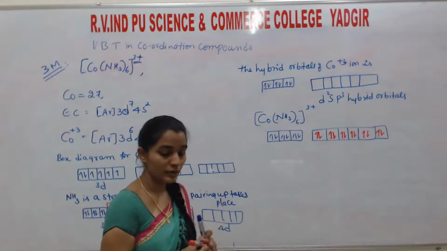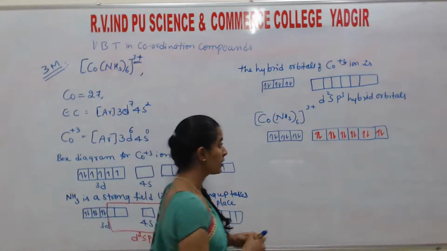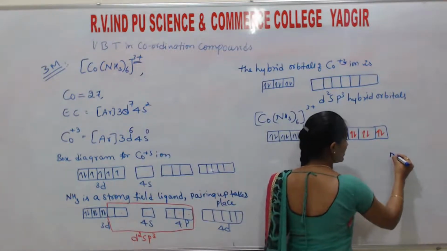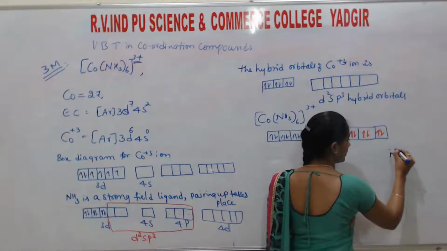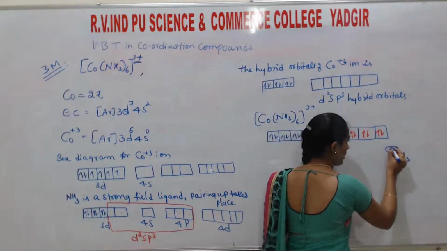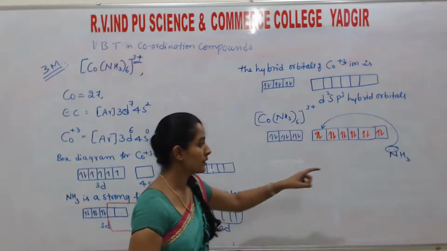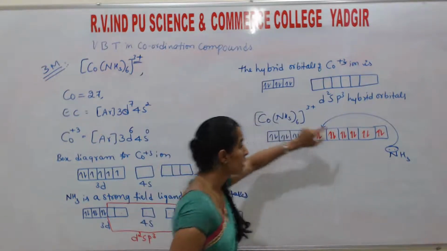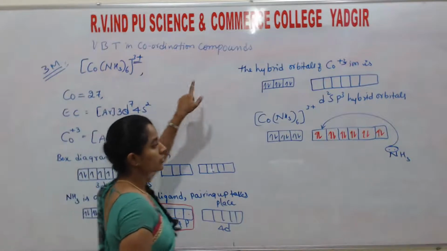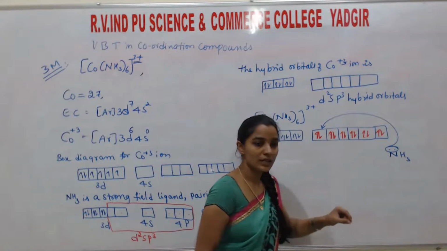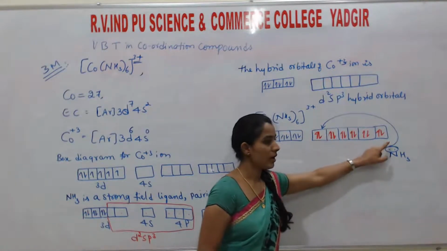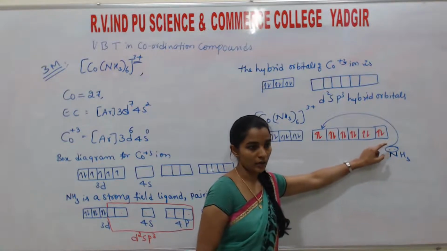These are the electrons from the nitrogen atom. From the nitrogen atom, which electrons? NH3 means it is in this form, correct? These electrons come to these empty orbitals. So such ligands are 6 in number here. So 6 lone pairs of electrons, one from each NH3 group, go to occupy the vacant d2sp3 orbitals.